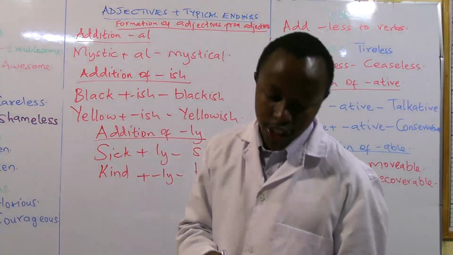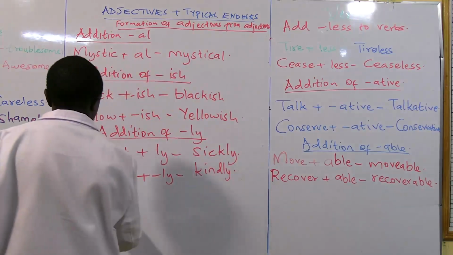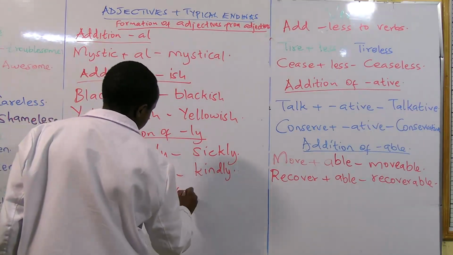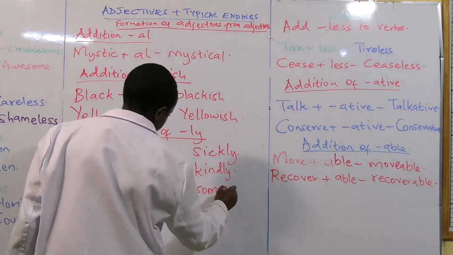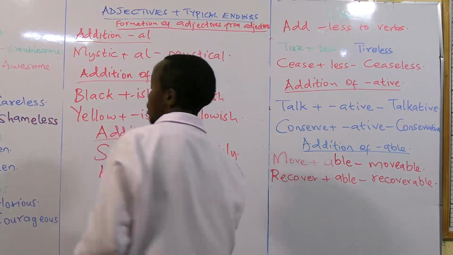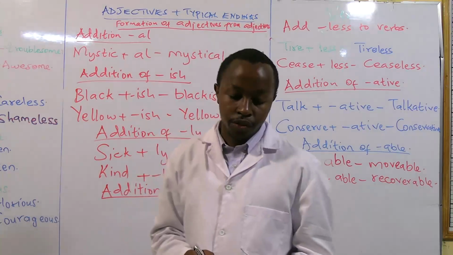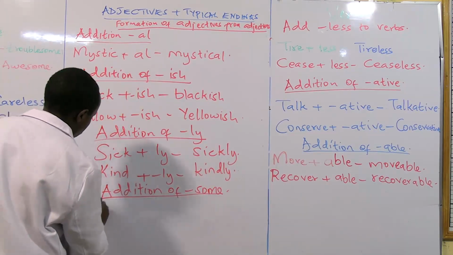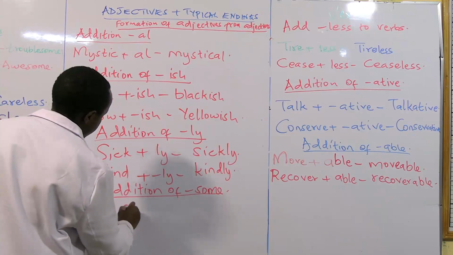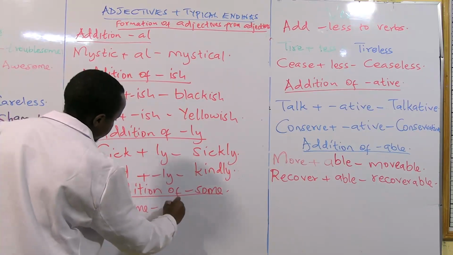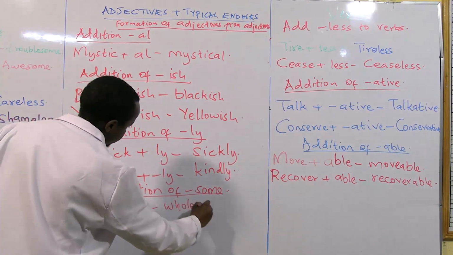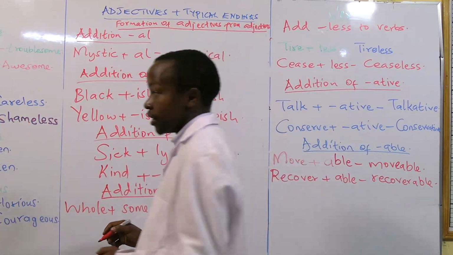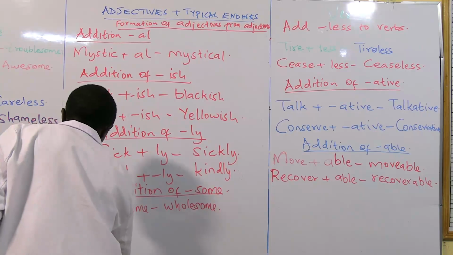Then we also have addition of some. Addition of some here, you can add some to whole, plus some becomes wholesome. Then we can add three plus some becomes threesome.